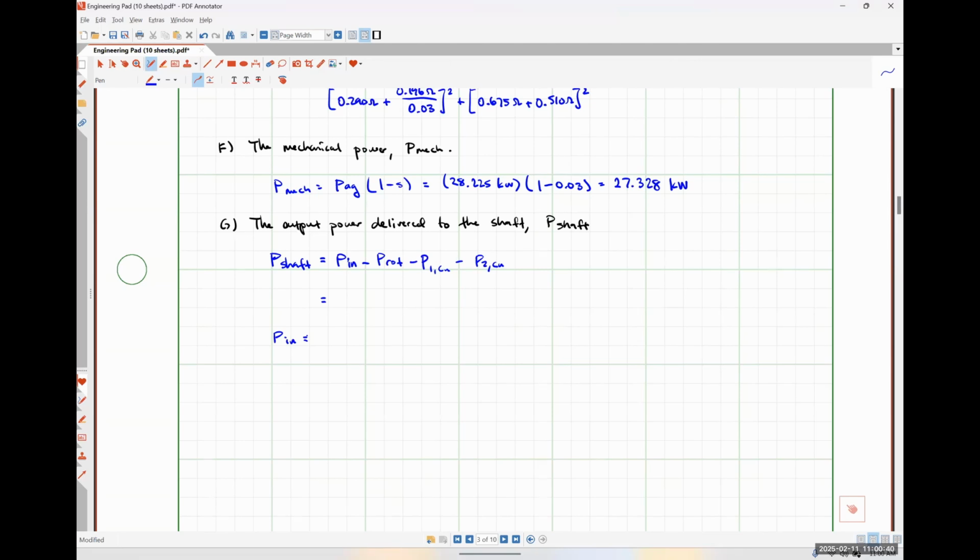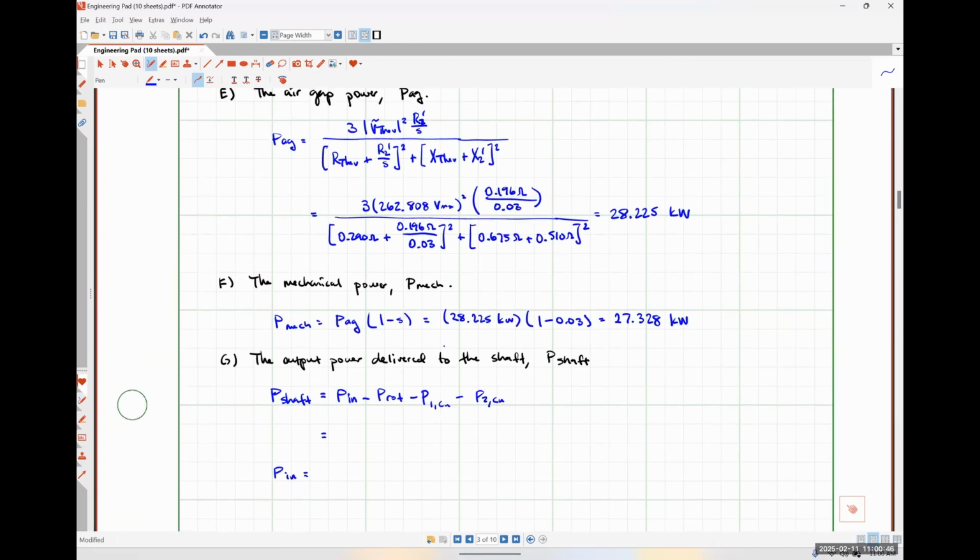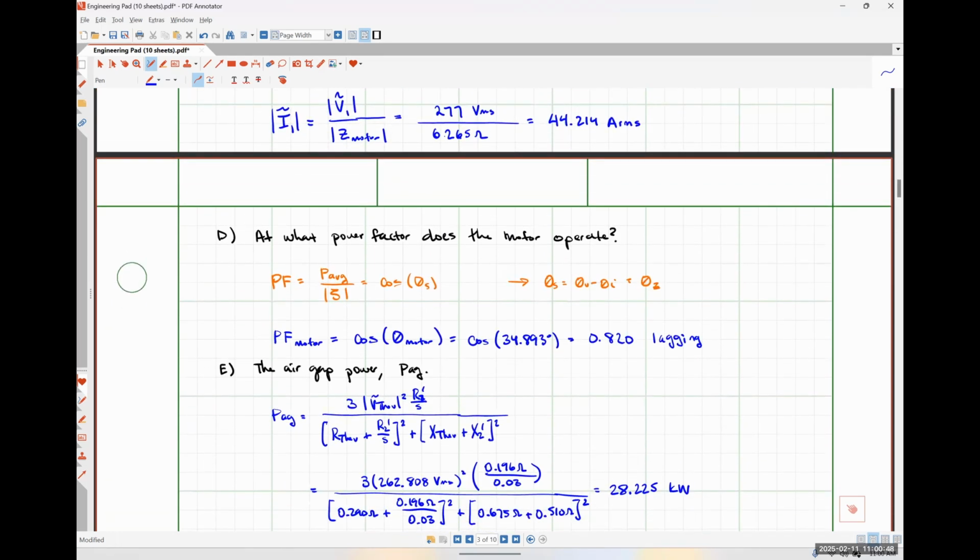I'm not saying that that's a wrong way by any stretch of the imagination, but there might be a little bit easier way. And so I'm going to scroll back up to our relationship for power factor. We're looking for effectively the average electrical power that is supplied to this system.